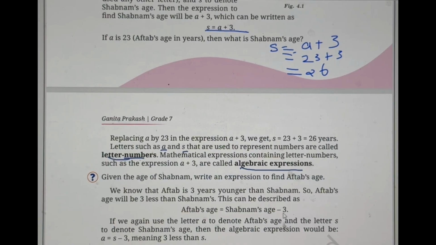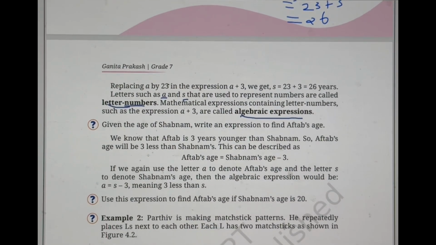We'll slowly learn that the letter keeps changing, so the letter is known as a variable, and the number remains the same, which is known as a constant. We'll learn that later on also. So there will be two parts in an algebraic expression, variable and constant.